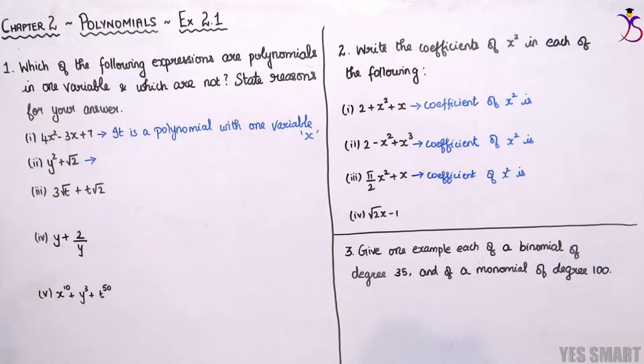In the first term, we have x square. In the second term, we have minus 3x, so the power of x is just 1, and the third term is a constant term. There is no variable, which means the power is 0.